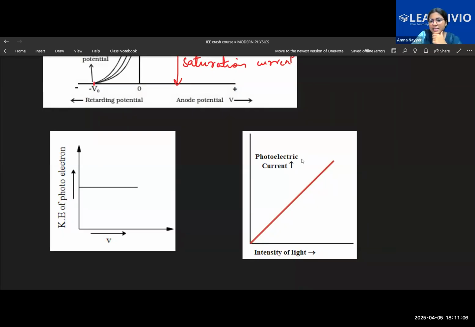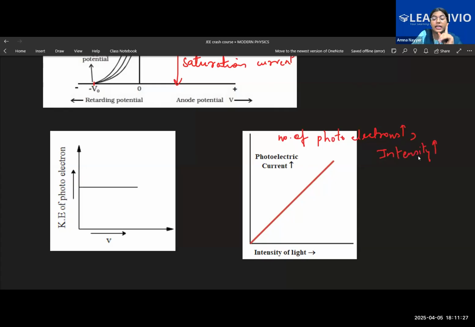This graph basically says that when you increase the photocurrent, the number of photoelectrons increases, so intensity increases.